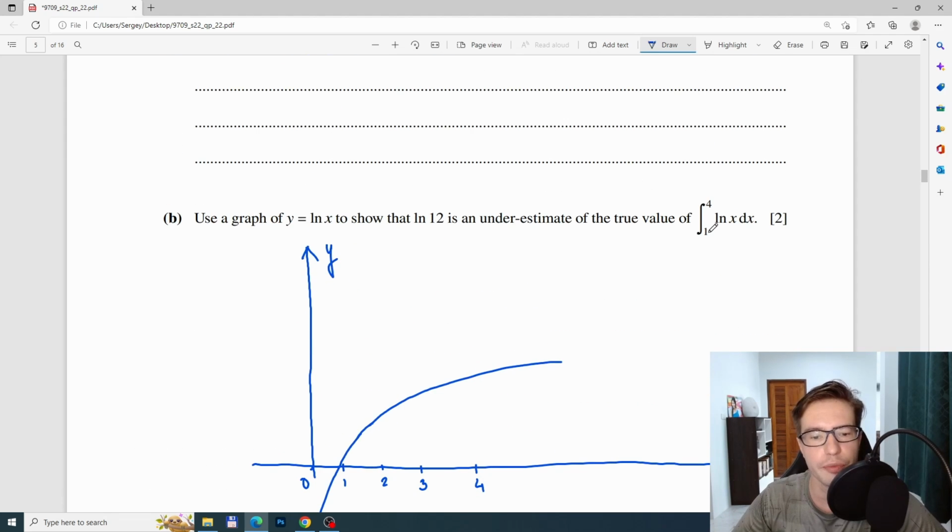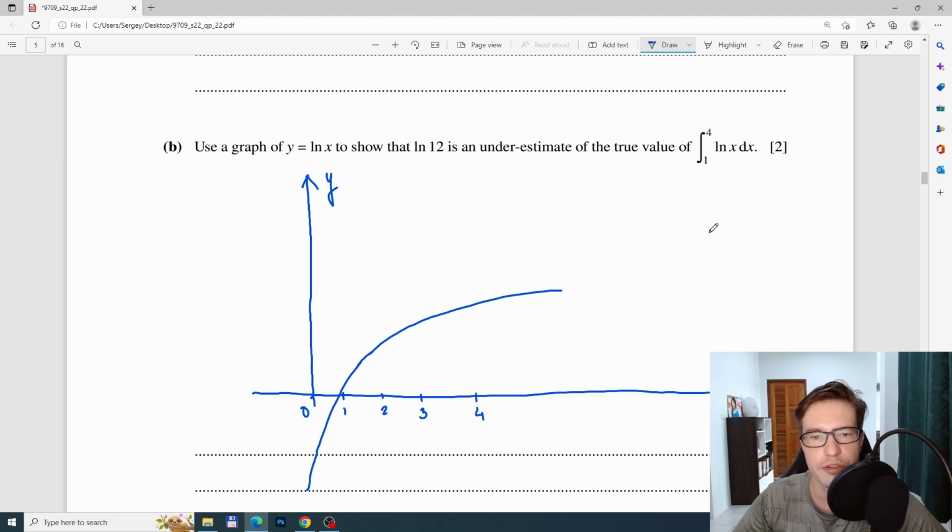Now, what is the trapezium rule? Basically, we're trying to estimate the value of the integral by splitting our curve into trapeziums, like that. And we're going to try and find the area of each trapezium, instead of actually finding the area under the curve.